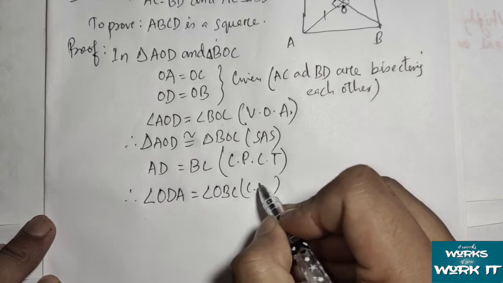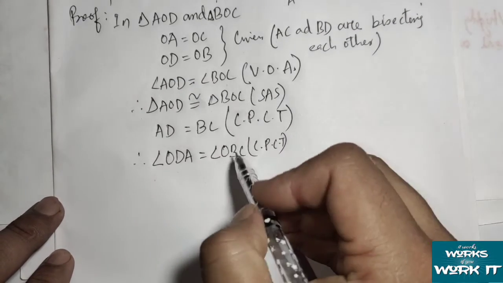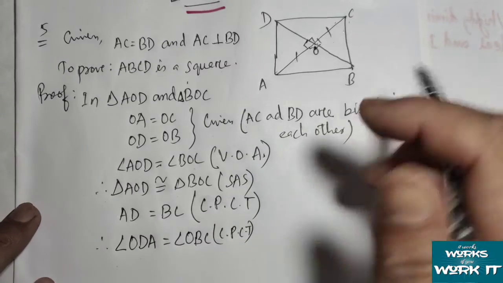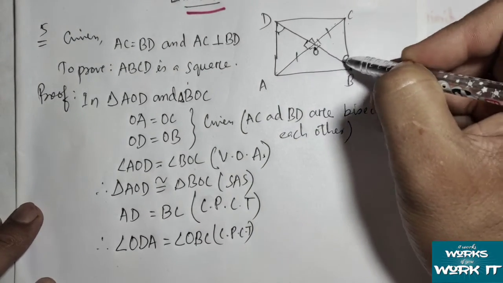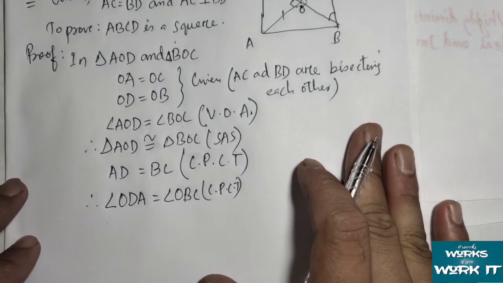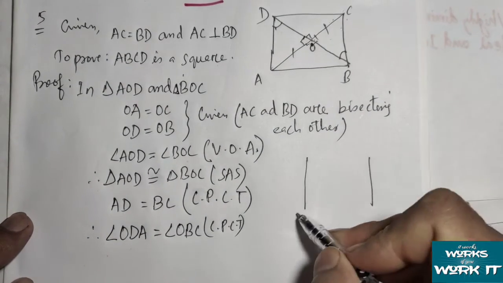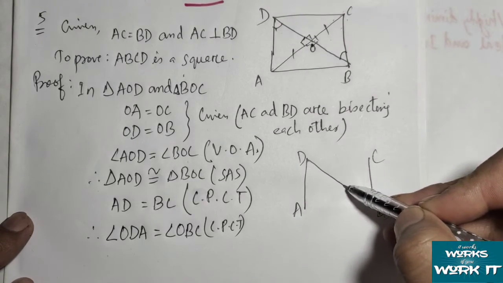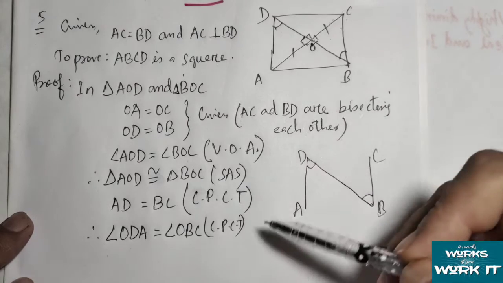This is also due to CPCT. If you see the diagram here, ODA, we have this angle and this angle. If I draw separately here, in order to show these angles, I am drawing two lines AD and BC, and then which angles were equal? This angle and this angle, due to CPCT.